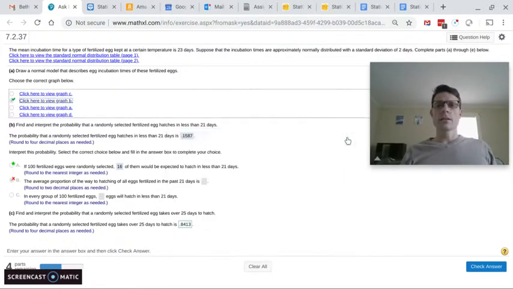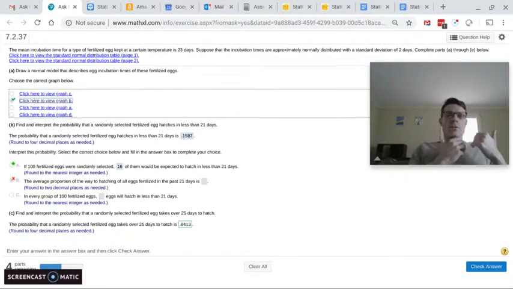Okay, now here comes some trickier parts. So we're supposed to interpret this probability. What does it mean that we say a randomly selected egg hatches in less than 21 days has a probability of about 16%? Well, really what that's saying is that if we had 100 eggs, we would expect about 16 of them would hatch in less than 21 days.